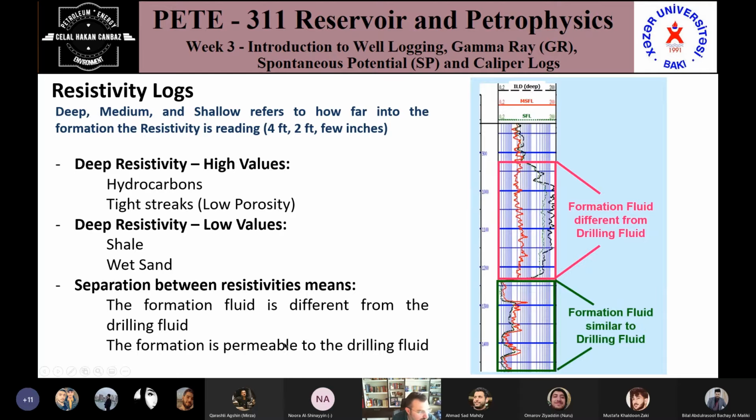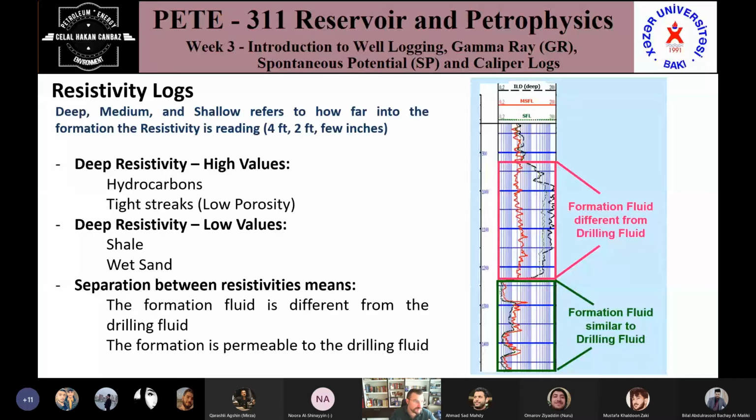If it is the same as your drilling fluid, then what happens? For example, formation fluid similar to drilling fluid, you don't see too much difference in all of them. Because the shallow one gives you the idea of the very close area of your wellbore, and it is dirty with your drilling mud.